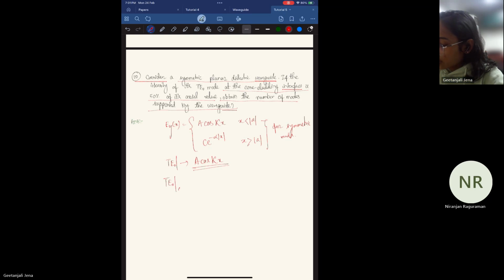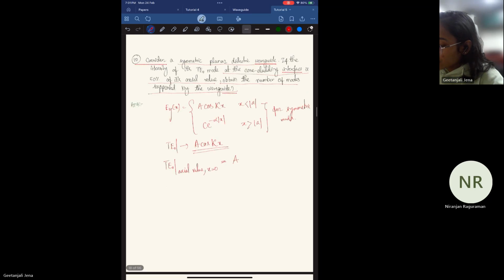That means at the axis of the waveguide. So axis means at the center of the waveguide. Let us say the center is at x equal to 0. So this will be A.